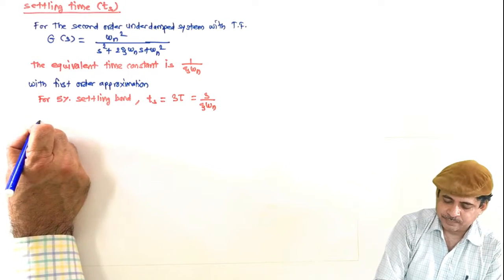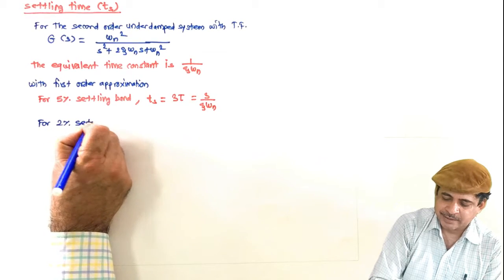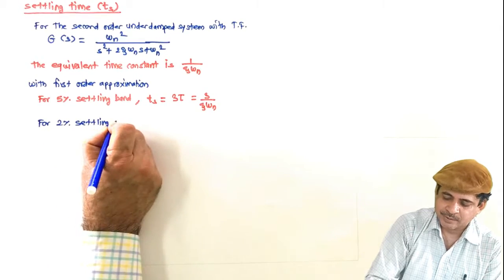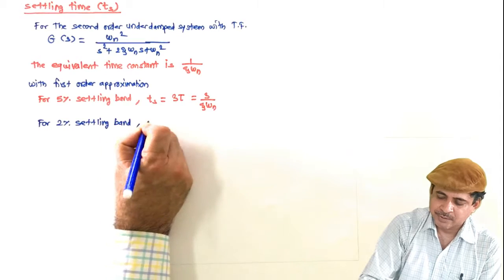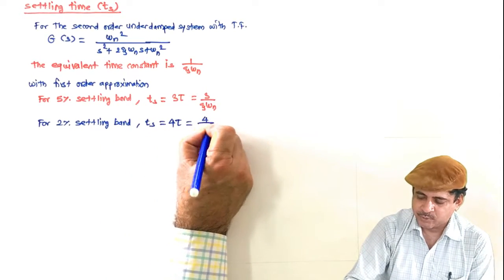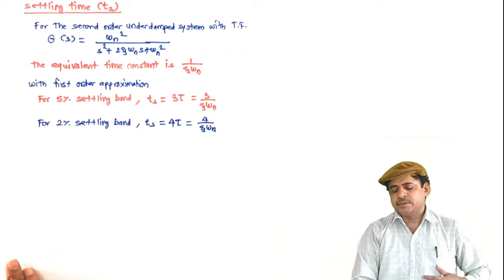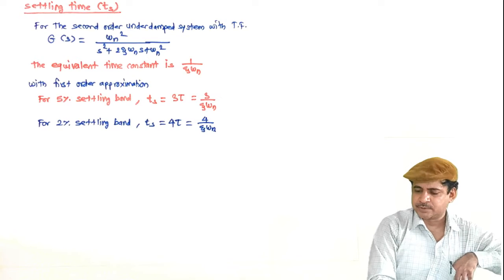And for 2% settling band, Ts was 4 times time constant, so it is 4 upon zeta omega n. So this is one approach and a straightforward approach.